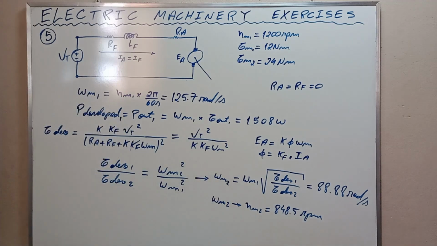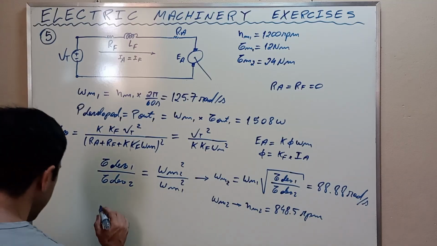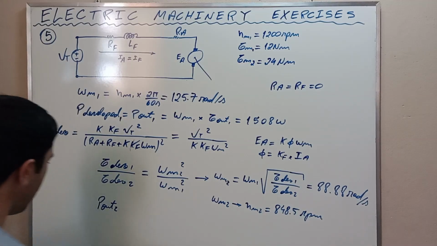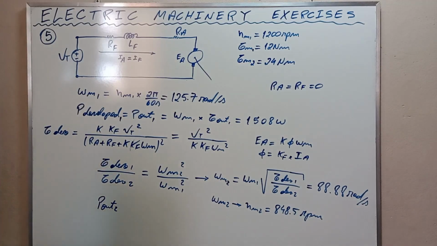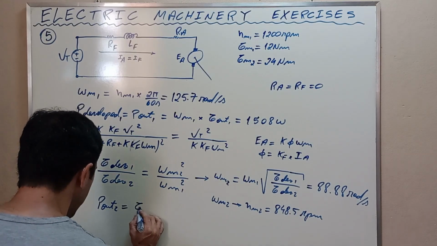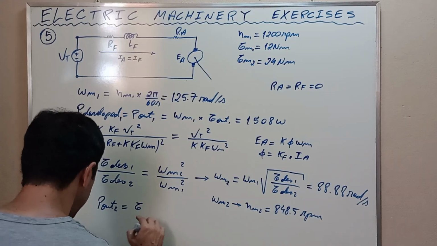Finally, the output power with the heavier load. We can calculate it like this, P out, using mechanical quantities. We are not going to use electrical quantities.